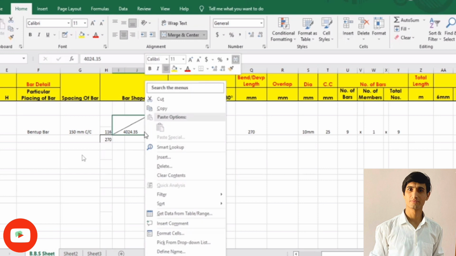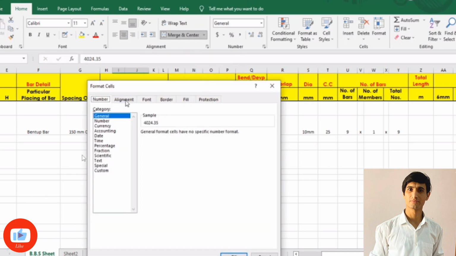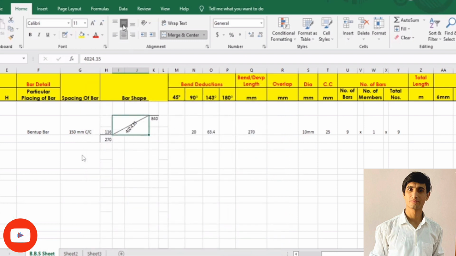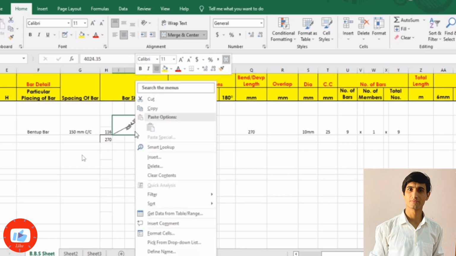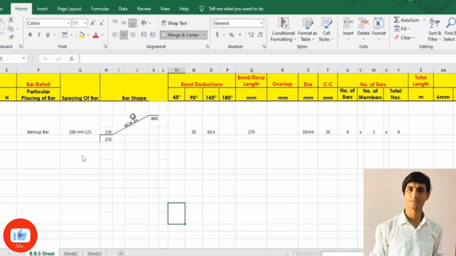I'll right click over here and format cell, go into the alignment and choose this kind of alignment over here, like this. We can even go for the alignment again and go like this as well, no problem. Press OK from here, and you can see.